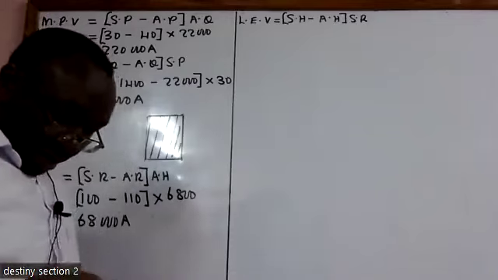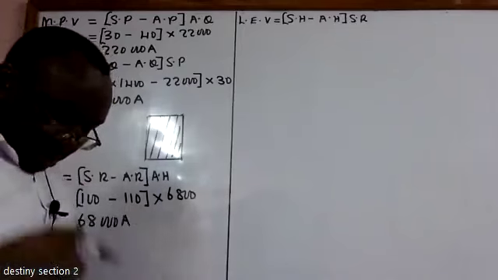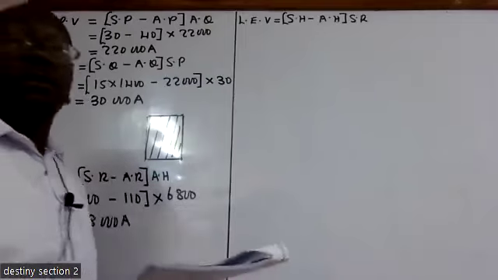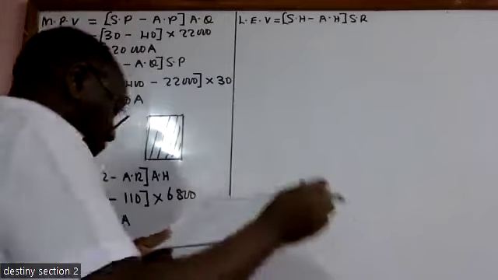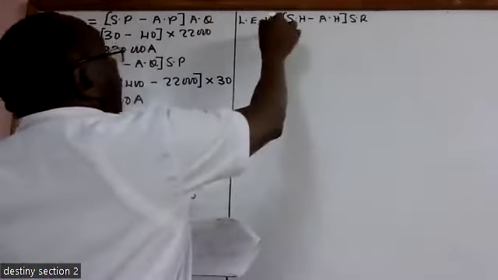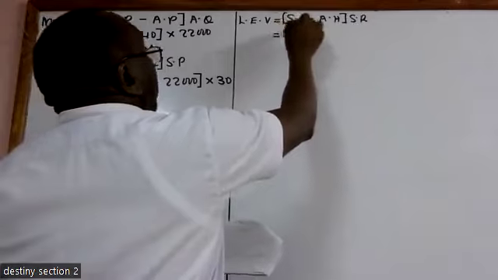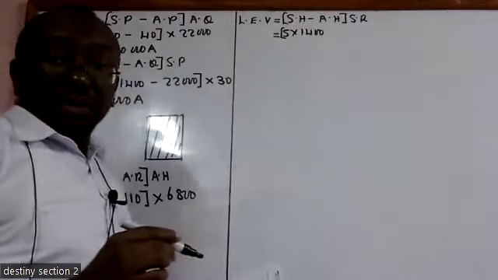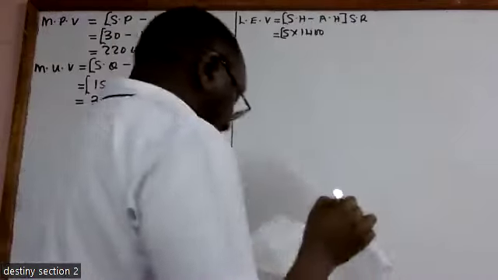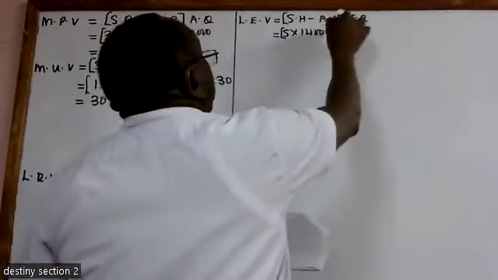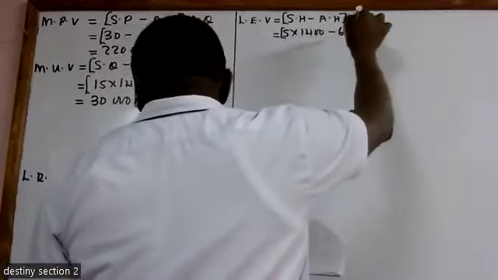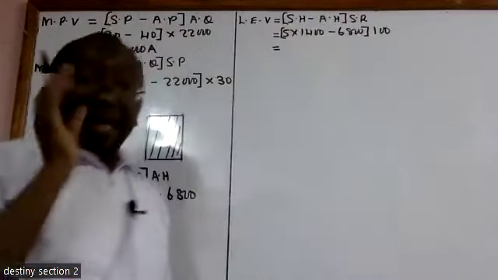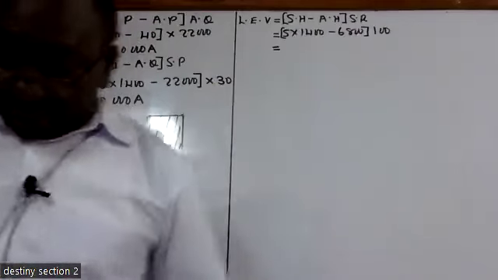So in this case, what you do, you go back up and get that 1 unit was supposed to take 5 hours. So it is 5 times 1,400, the units that were produced, you less the actual hours, 6,800, at a standard rate of 100. So tell me, what is the answer there?